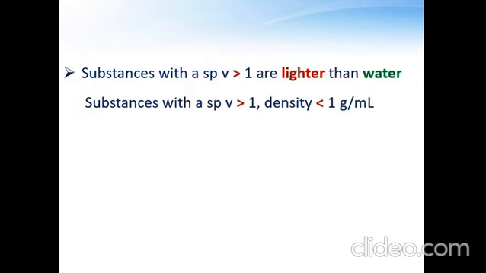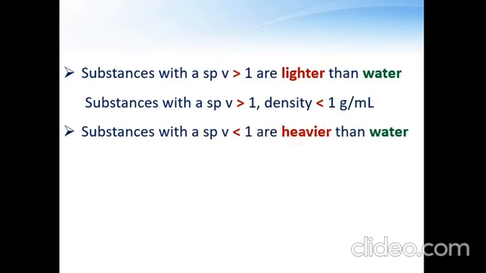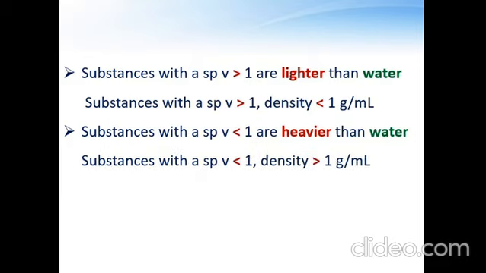Substances with a specific volume more than 1 have a density smaller than 1 gram per ml. Substances with a specific volume smaller than 1 are heavier than water, and their density is more than 1 gram per ml. It's just opposite to the specific gravity.